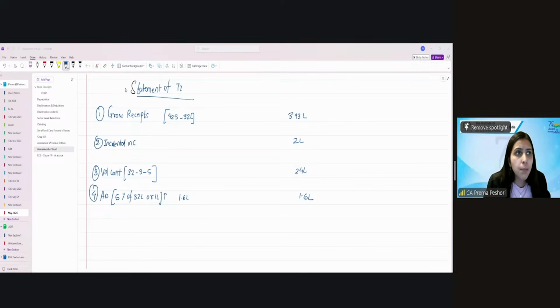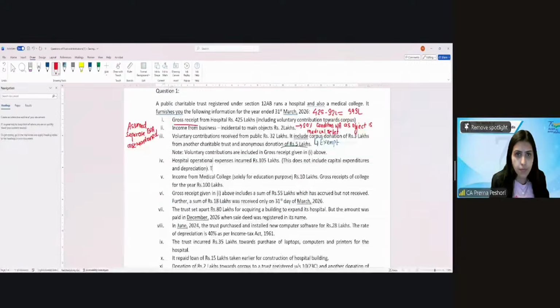But let's say, for example, if I mention here, out of 105 lakhs, rupees 10 lakhs has been incurred but not paid during the previous year. Then 95 lakhs.